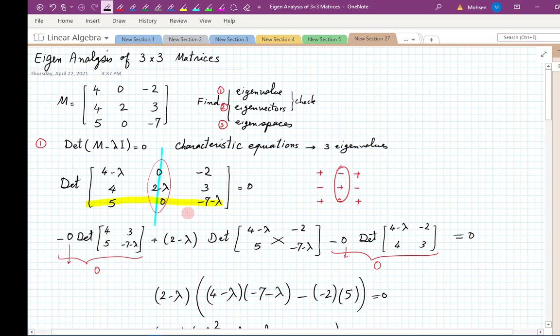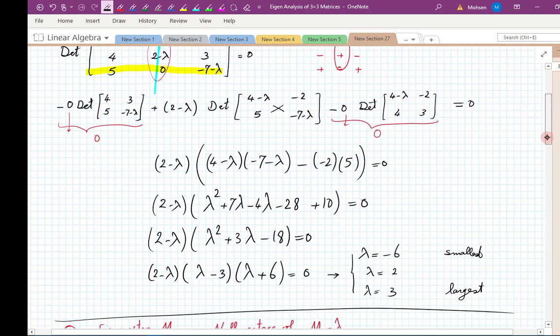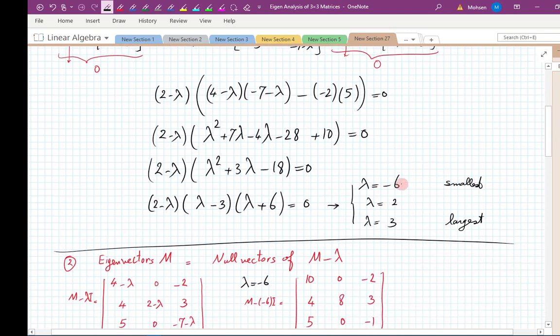Look for some easy way of factoring it. Whatever you learn in college algebra is going to come in handy. In this problem, it's almost factored for you. 2 minus lambda was a factor, and the rest of it we managed to factor easily. That made our day, in the sense that these eigenvalues are easy to find in this case.